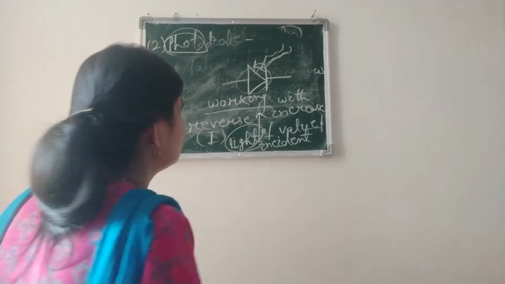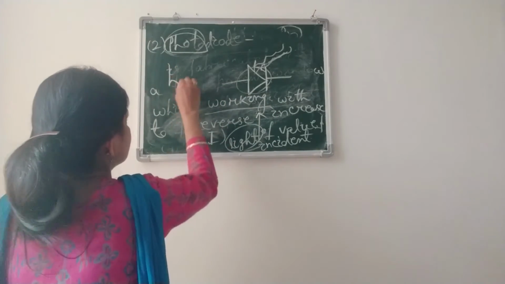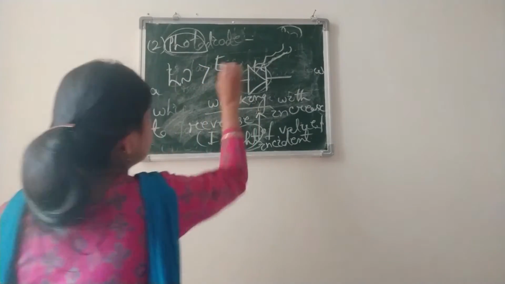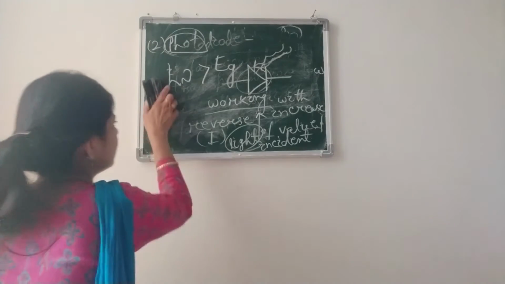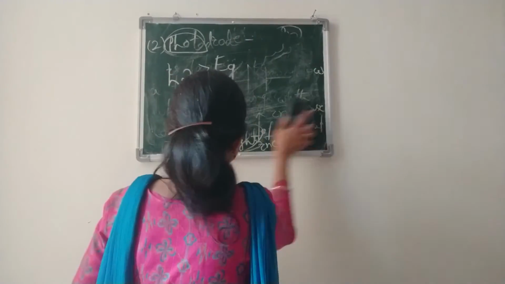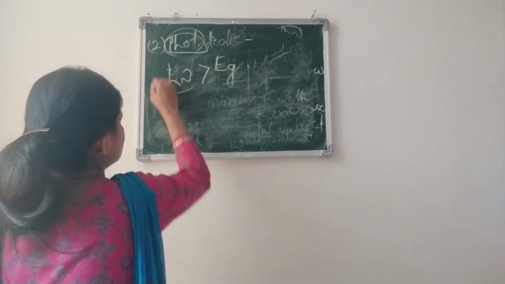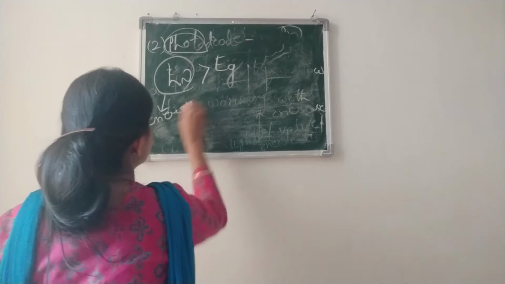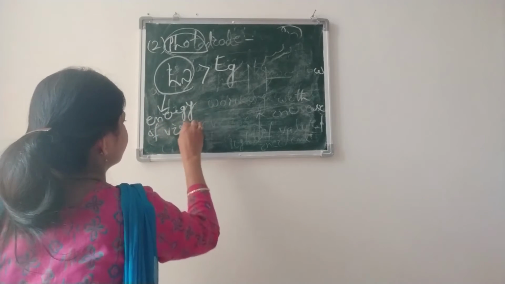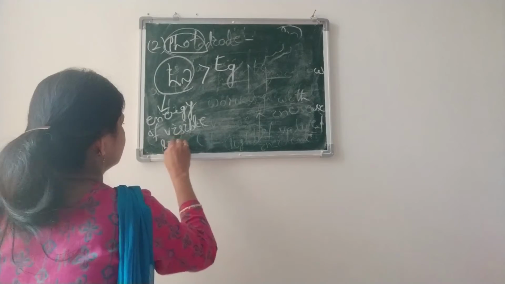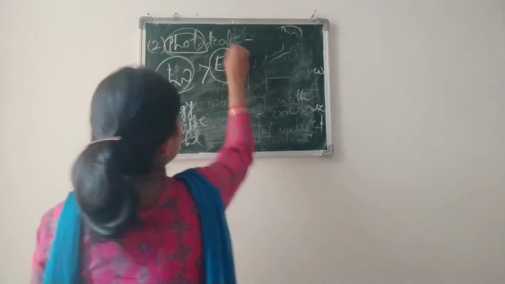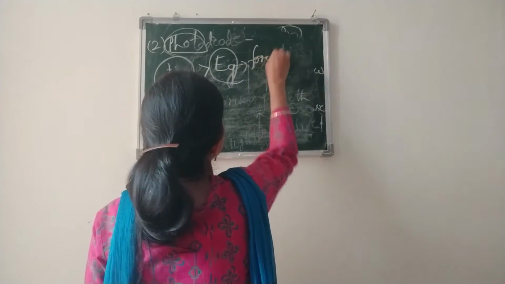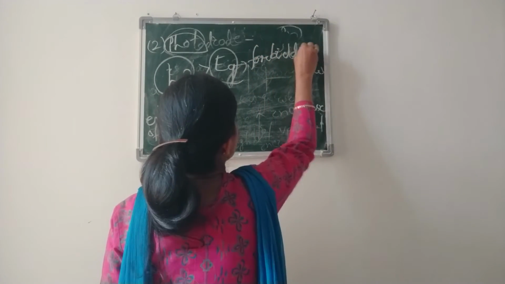In other words, we can say when h nu is greater than Eg. What is h nu and what is Eg? h nu is the energy of the visible light, and Eg, as we already know, is the forbidden energy gap.